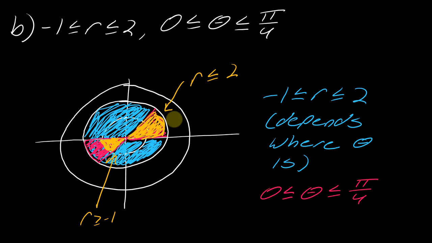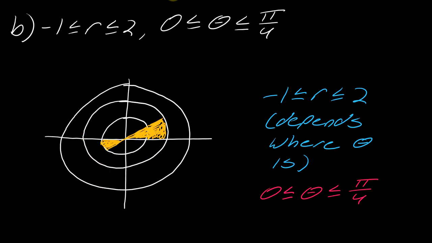Because I have to go out 1, 2 circles. On this side, my radius needs to only go up to -1. So this first circle here is the one that I need. So my final answer now is just going to be these two little sections in here. You have to think about what makes sense for all of these conditions and all the pieces that you have to put together. But that's going to be my final answer in this case.